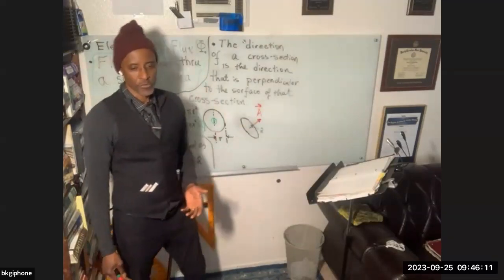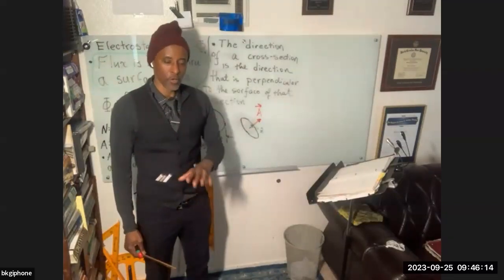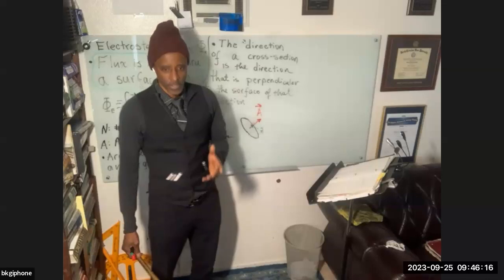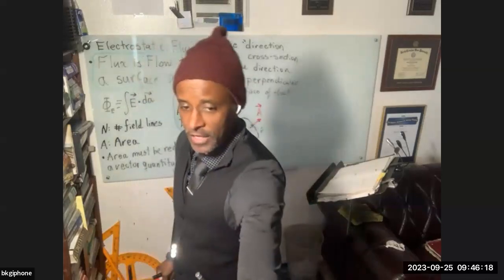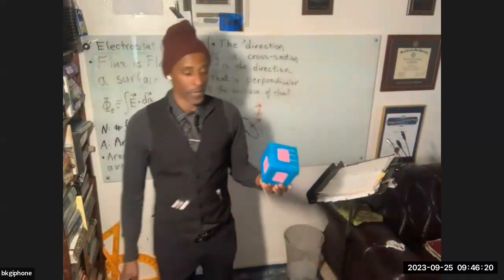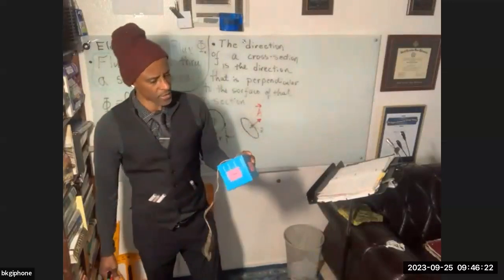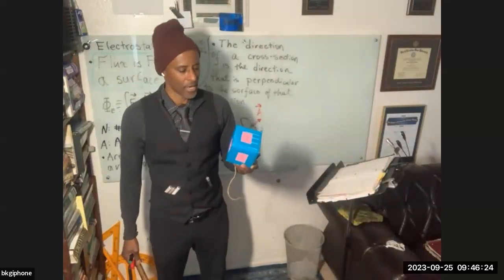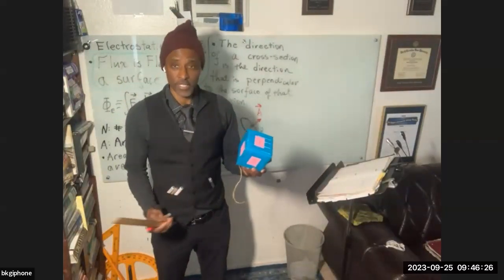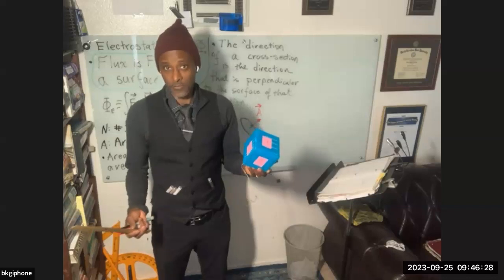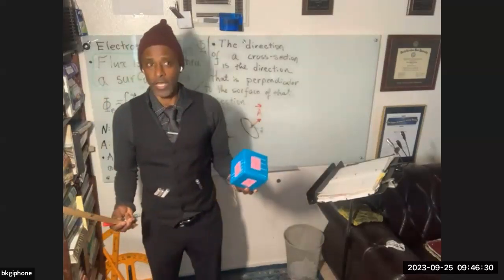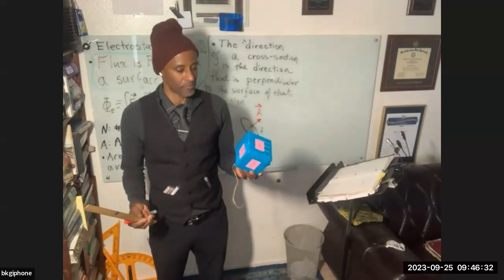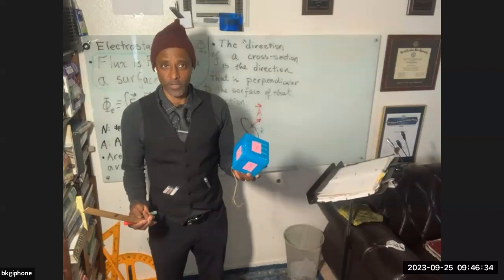But another very interesting case is closed surfaces. In other words, the little box that I showed here: any box has what, 6 sides? Yeah, 6 sides. And each of those sides is a surface, and as I've just shown you, each side has an area vector associated with it.